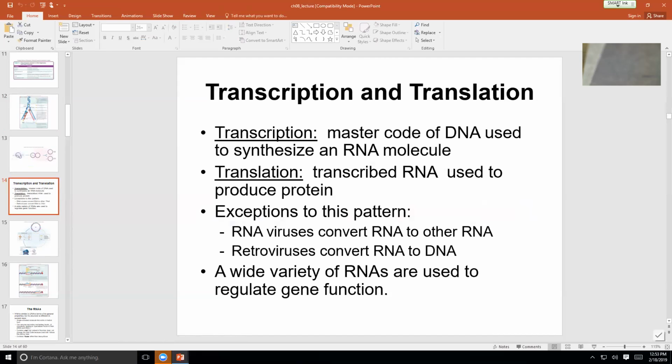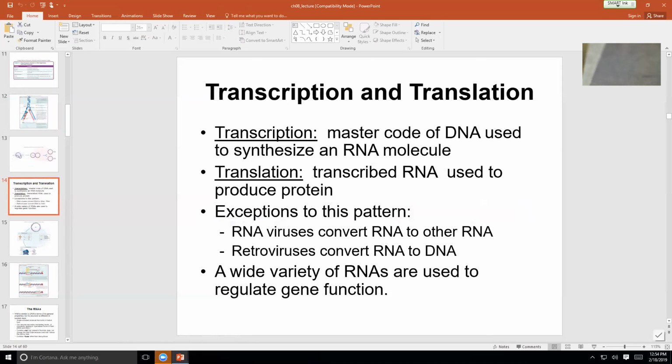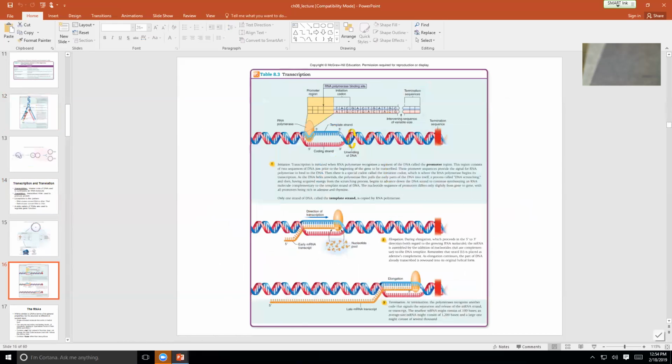So what I want you to know now is this idea about how DNA is the recipe book for all your proteins. I want you to understand how that happens. Because we get that this DNA molecule, this double helix, twisted double helix, somehow is holding the recipes for all of our proteins to be made.